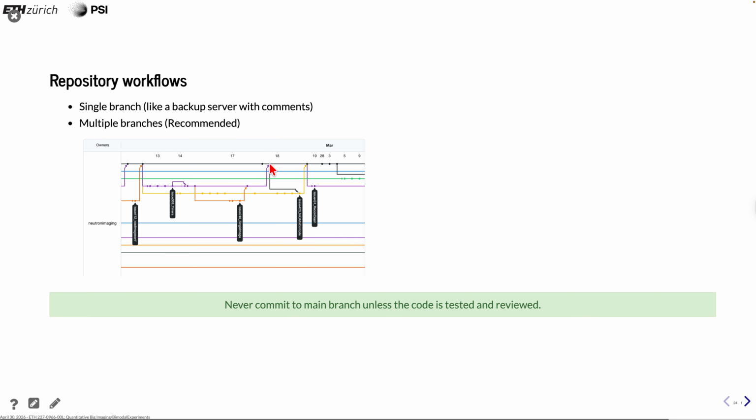Then you first merge the main branch content into the side branch. And once everything is okay after the merge, then finally you can do the merge into the main. So with that, you are sure that everything is running smoothly when you push the results into the main.